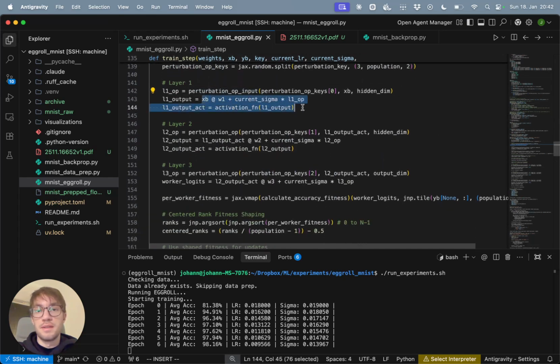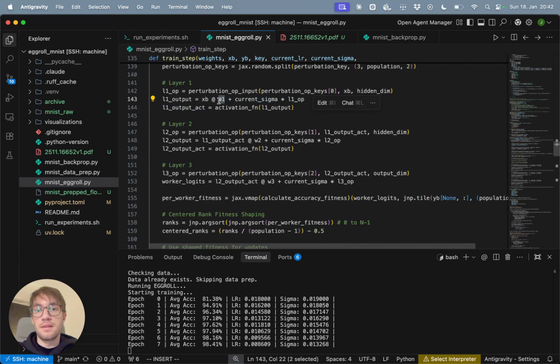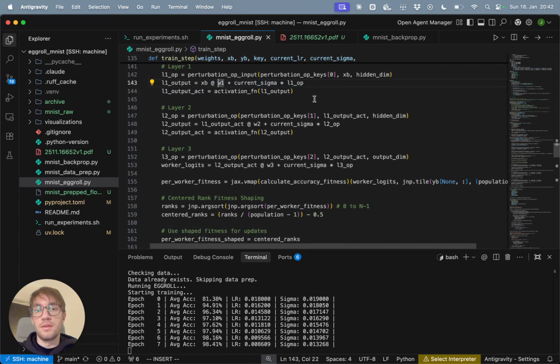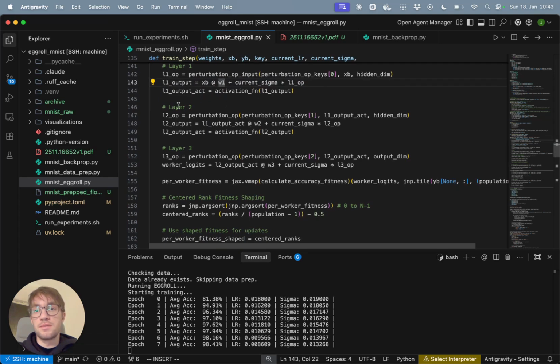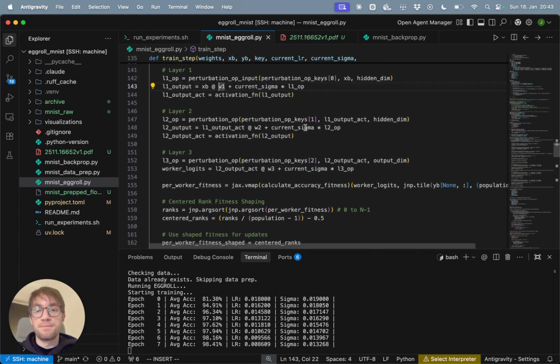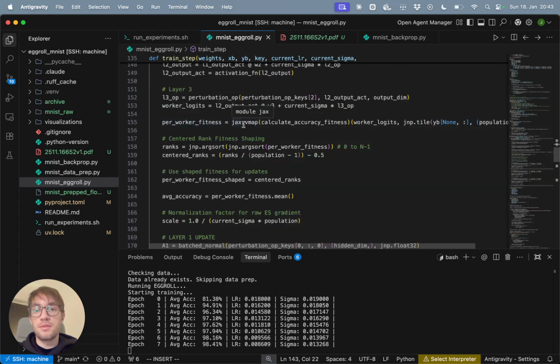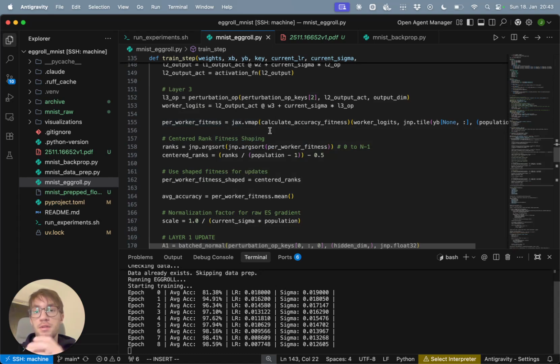This is what I then use to scale the weights over the population, doing the forward pass from the second layer on. I'm also using a separate input for other workers, and then the fitness scores, which we use to weight the perturbations, to move in the direction of the highest fitness.